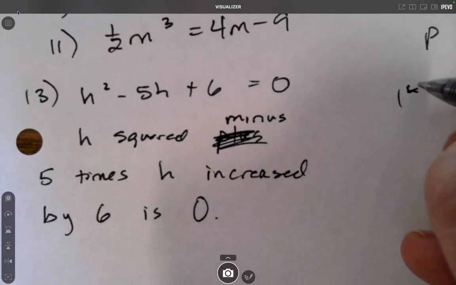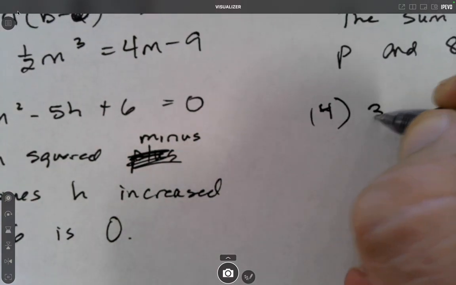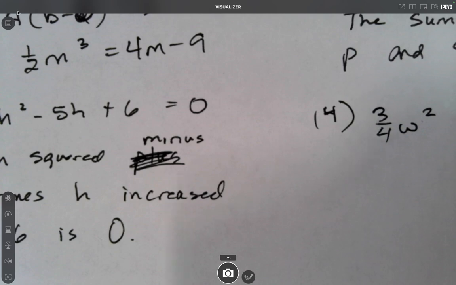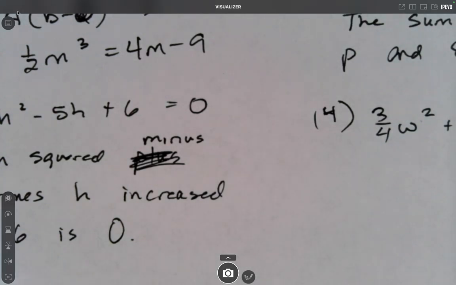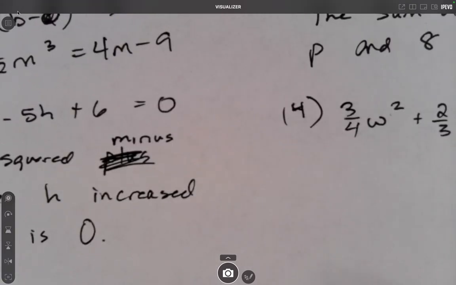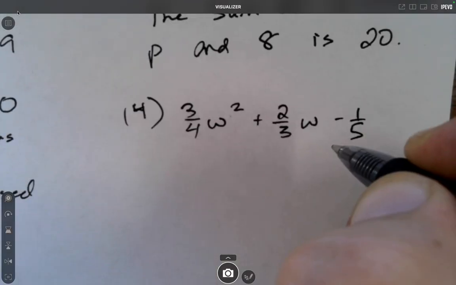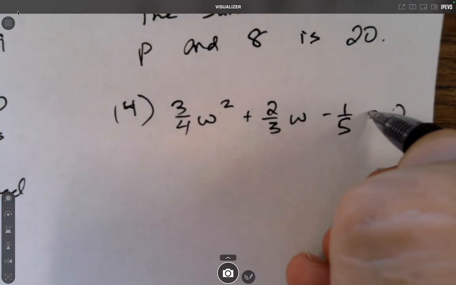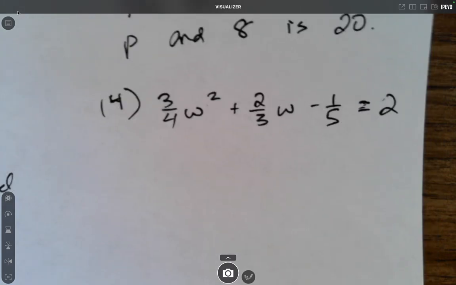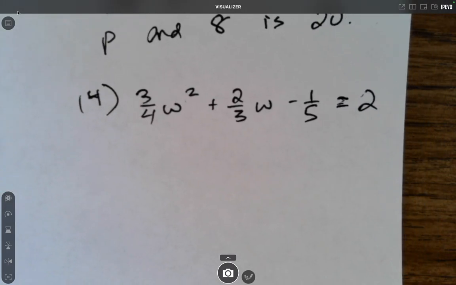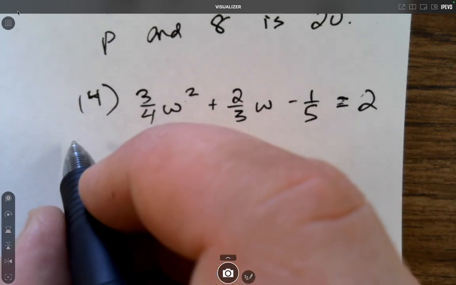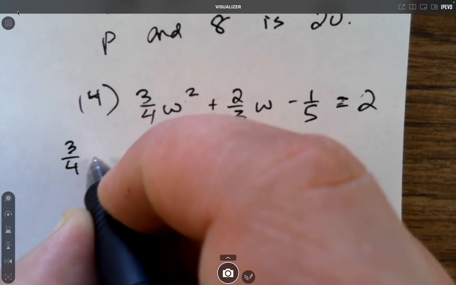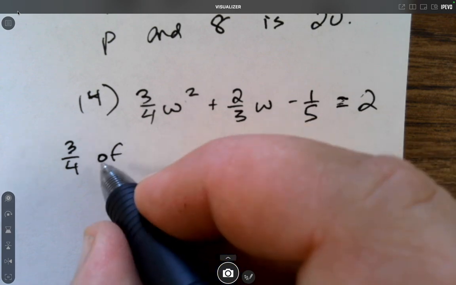Okay, 14. 3/4 w squared plus 2/3 w minus 1/5 equals 2. Again, I'm not going to use the word difference or sum since we've got both of them happening. I'll do it similar to number 13. So we can say 3/4 of, because you can use of to be times.